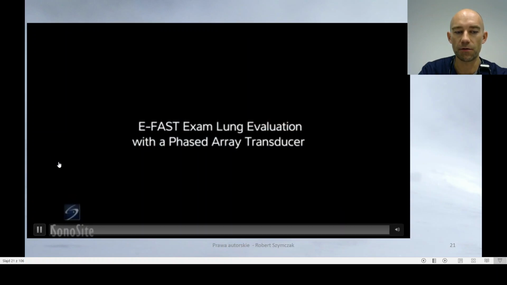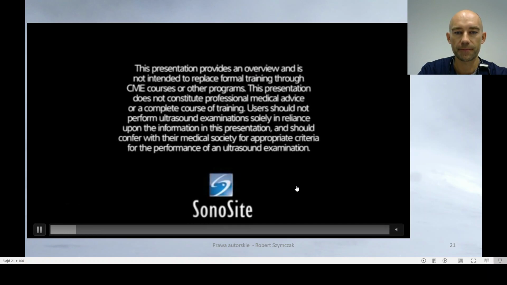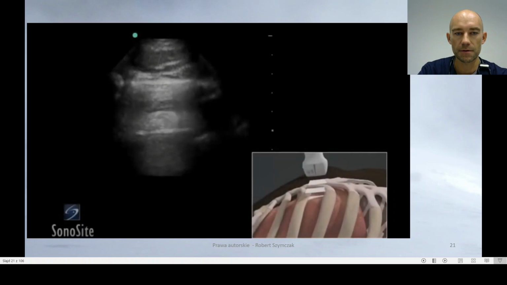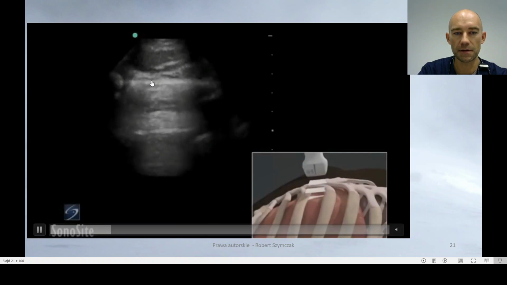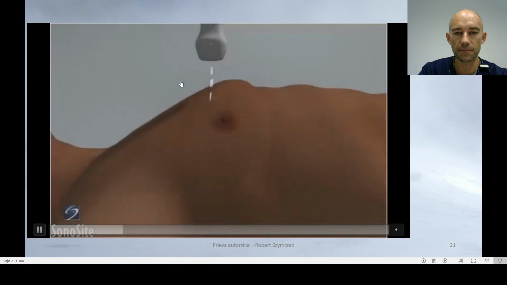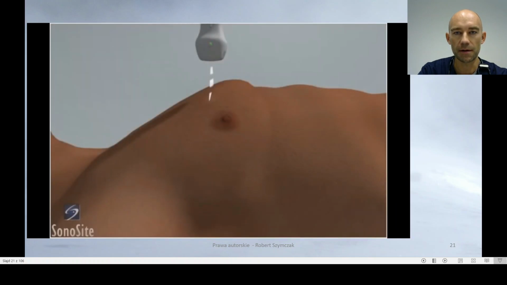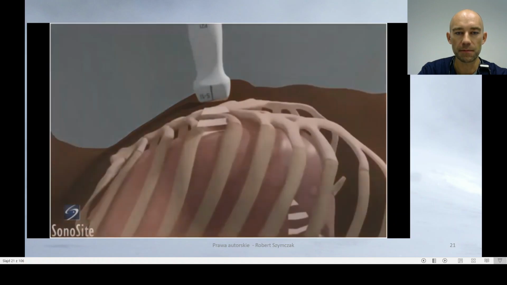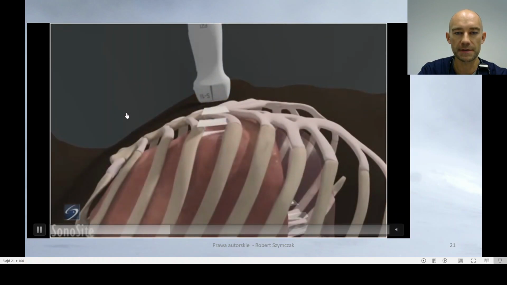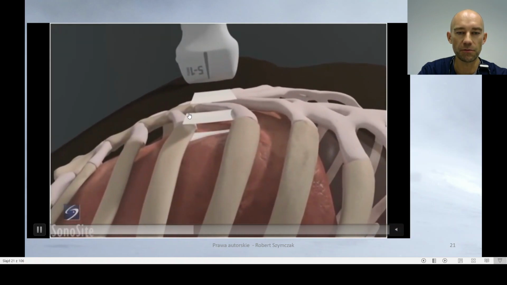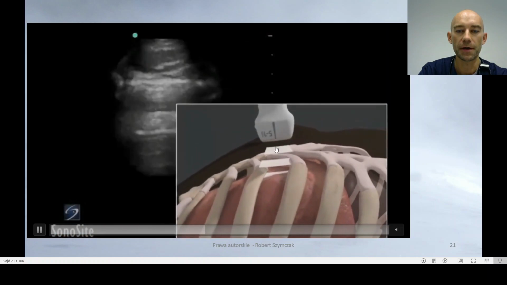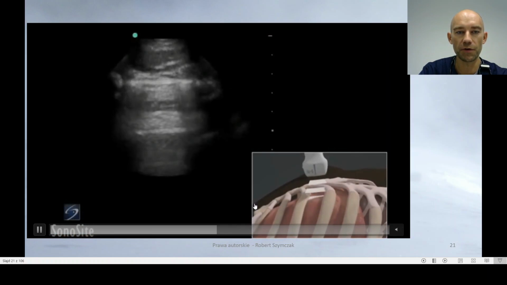So let's go through this film. As you can see here, you can see the lung sliding, so the movement of the pulmonary pleura. Marker towards the head, and you have to put it between the ribs, but you will have the hypoechogenic shadow of 2 ribs on your picture.